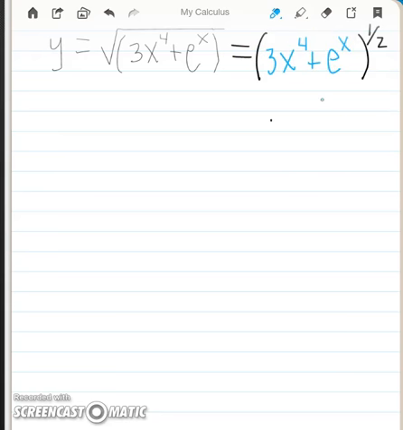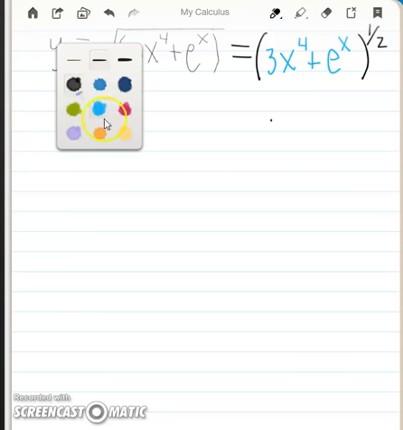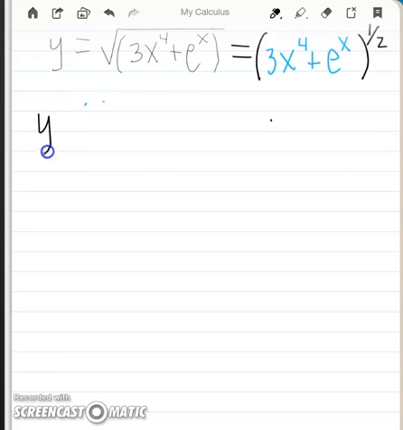So I can clearly see the outer function is to the power of 1/2. The inner function is the stuff in blue. Let's change it back to black for right now to say y prime is equal to, bring the 1/2 down, keeping the inside the same, and we're going to reduce that exponent by 1.